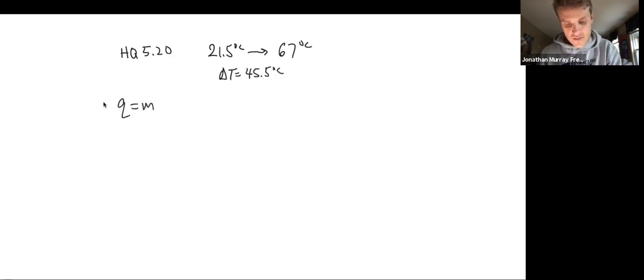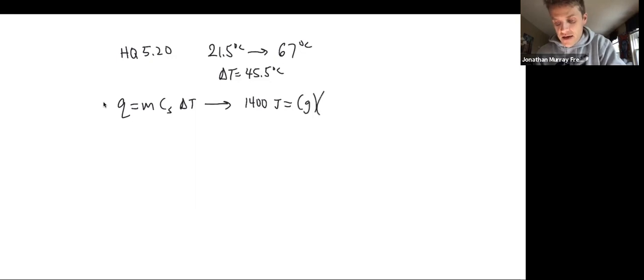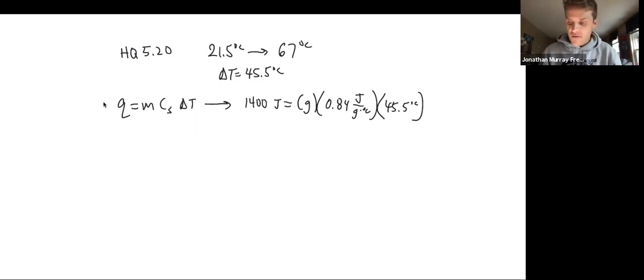All right, Q equals MC delta T. This is a little bit different in that now we know Q. They said that Q is 1400 joules, added to a mass of sand. I don't know the mass of sand, but sand has a heat capacity of 0.84 joules per gram degrees Celsius, and my delta T is 45.5 degrees Celsius. So multiply those two together, 0.84 times 45.5, divided across.